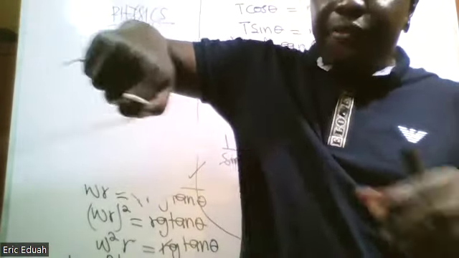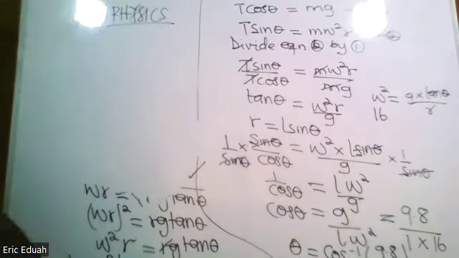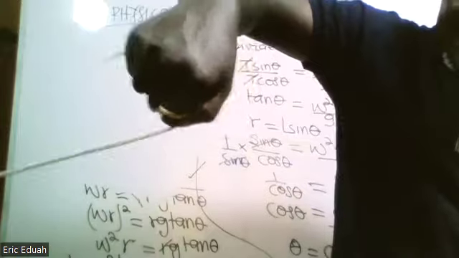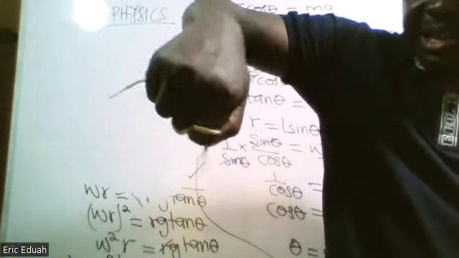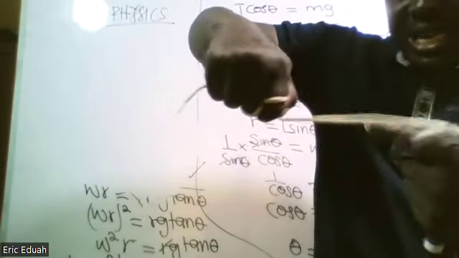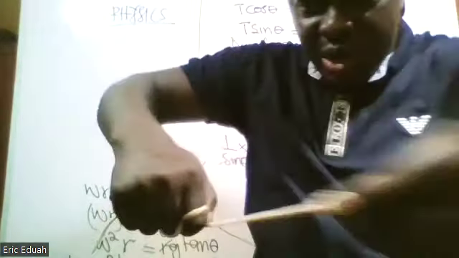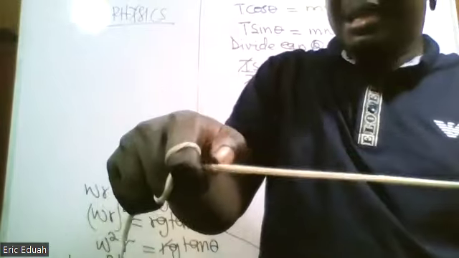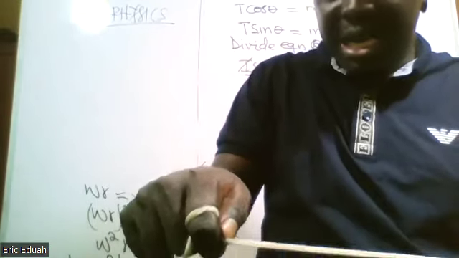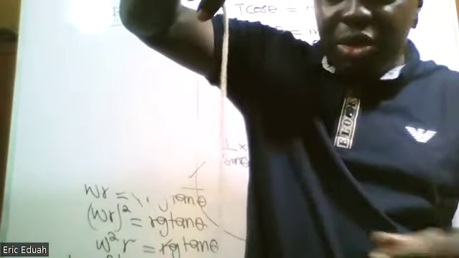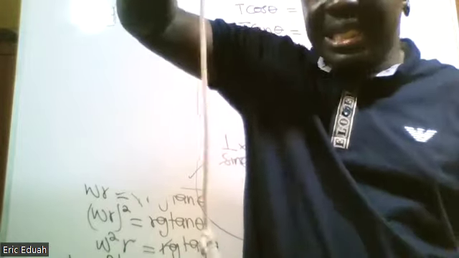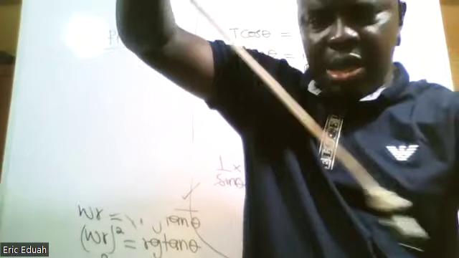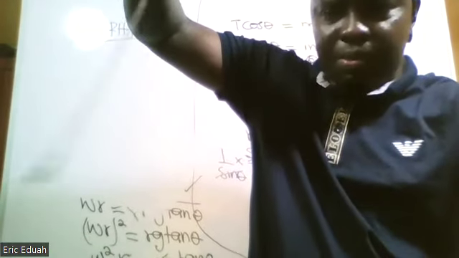Here, I'm rotating the object so that the angle the string makes with the horizontal is 0. Here, the radius is equal to the length. But this is conical pendulum, whether hanged on a ceiling or something.